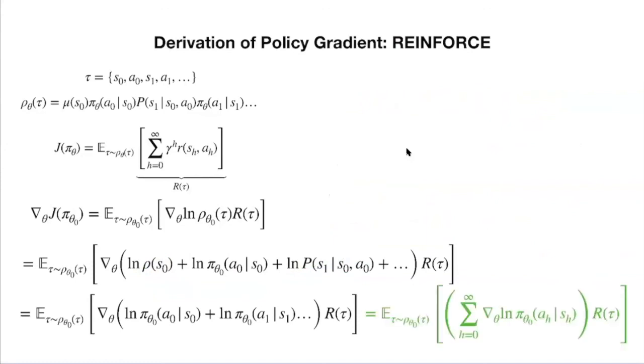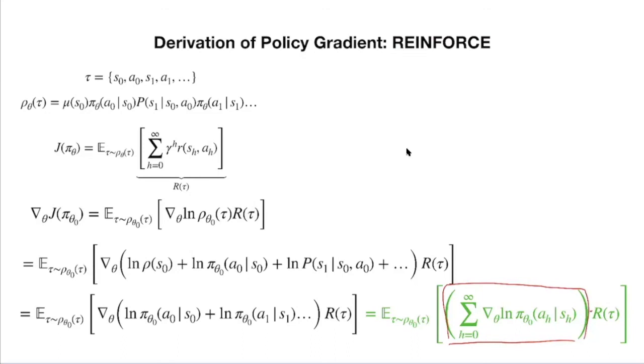Let's rearrange terms: all we have is a summation of these log likelihood terms, multiplied by the total reward on this particular trajectory.